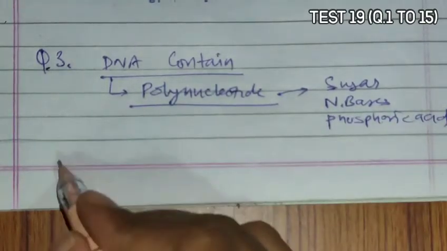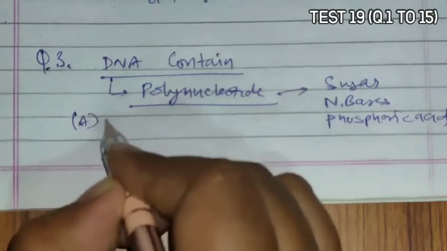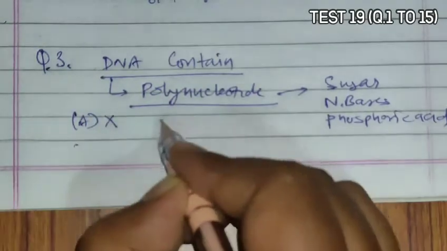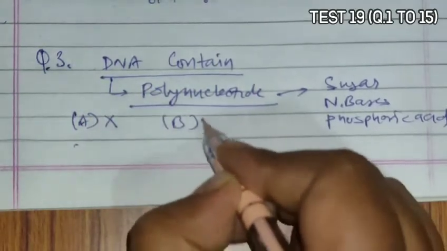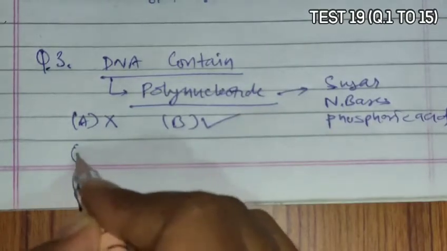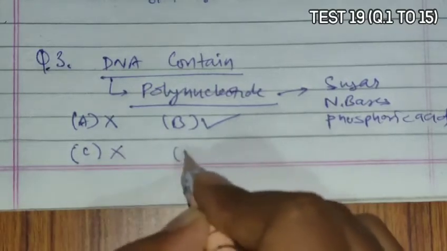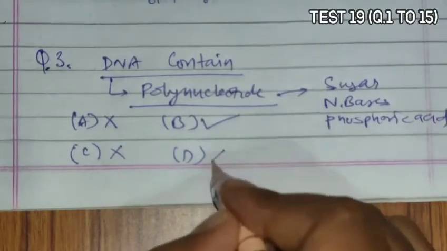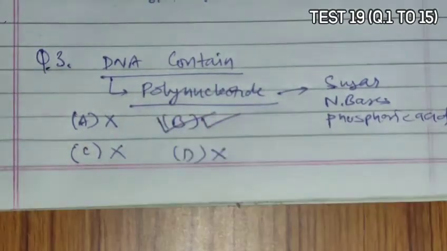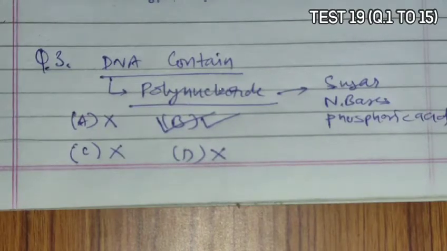So now if we go with the options, option A is given as sulfur, which cannot be there. Option B is given as phosphorus. Yes, phosphorus is there in phosphoric acid to form a phosphodiester bond. C, boron is not there, and D, calcium, that is also not there. So B is the phosphorus which is used in formation of phosphodiester bond in DNA.